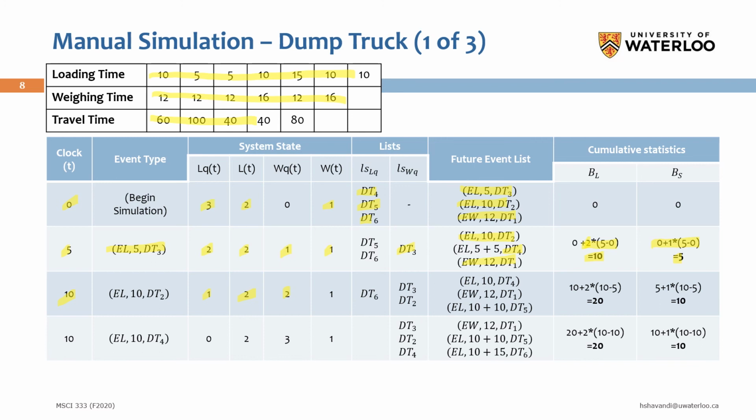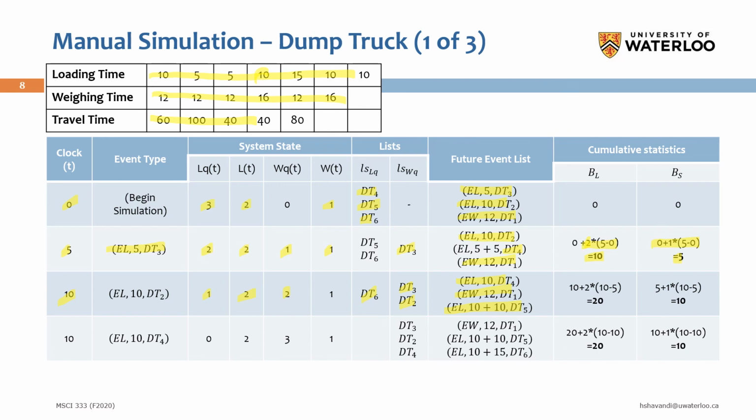Okay, and as you see here, just dump truck 6 is in line for loading, and dump trucks 2 and 3 are in the scale line. So as you see here, we have again end of loading for dump truck 4 at time 10, end of loading for dump truck 1 at time 12, and end of loading for dump truck 5 is scheduled at time 20, right? Current time is 10, then the loading time is 10 for this truck, so it will be actually 20.